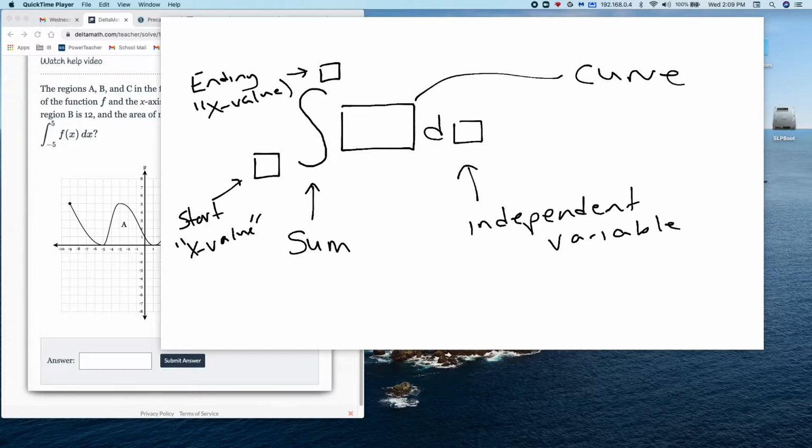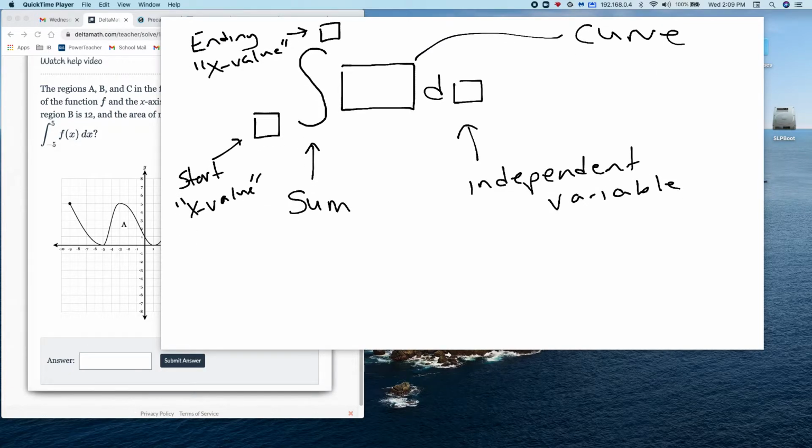When you think about what this gives you, it's going to define a region that you're going to add up the area of. So really, when you're talking about a curve, it's the sum.